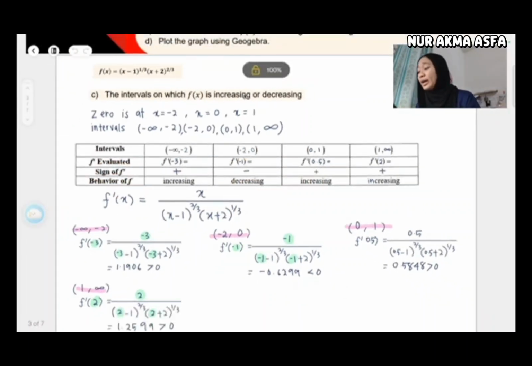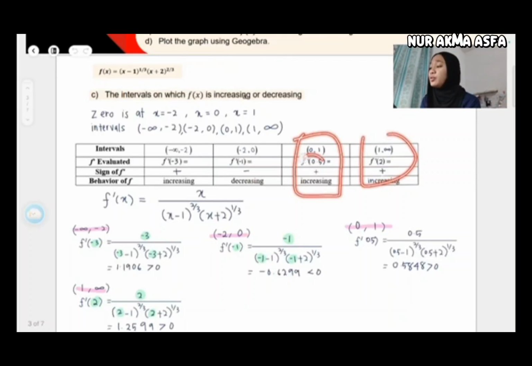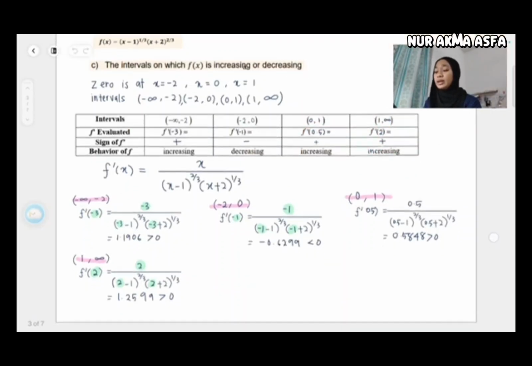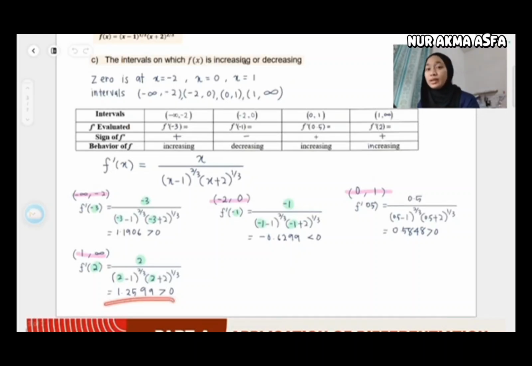For the next intervals, I choose 0.5 for one and 2 for the other, and when I evaluate, both give numbers higher than 0, which means the sign of the first derivative function is positive, and the behavior of the function is increasing.